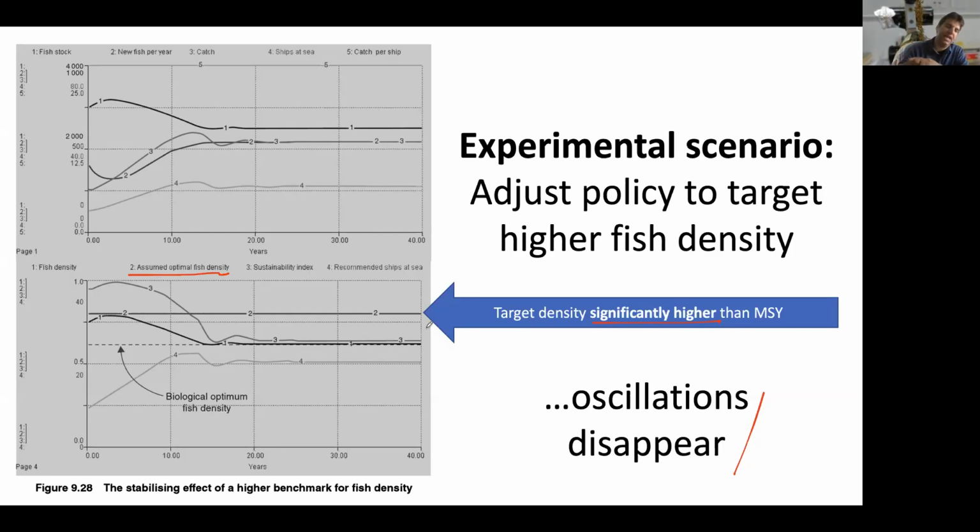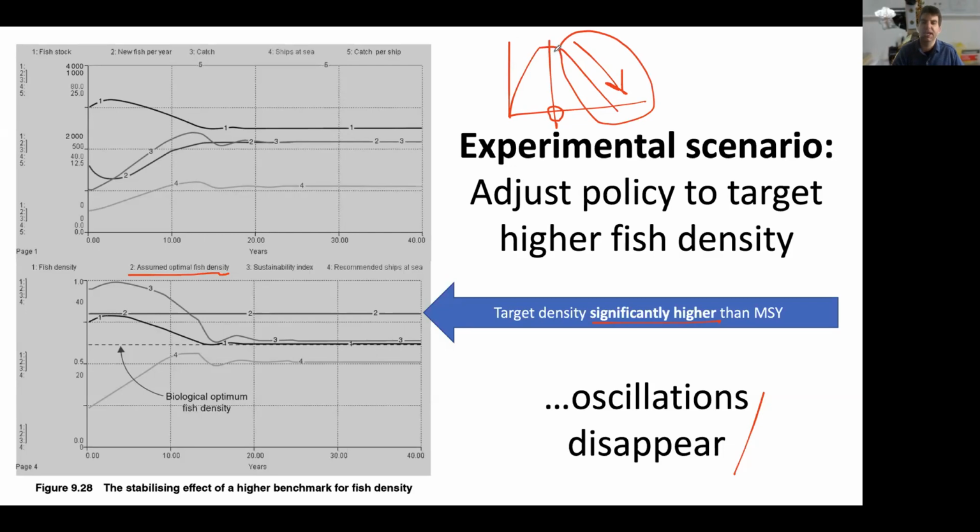And as long as you can stay on the negative side of that hump-shaped growth curve, where the maximum sustainable yield was down here, and this here was the safe side, as long as you keep the fishing over here, then you're not going to get these wild oscillations.